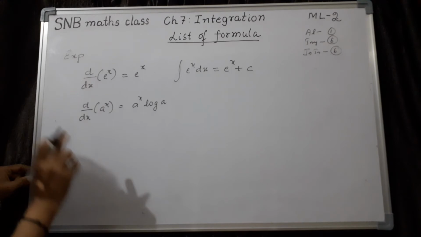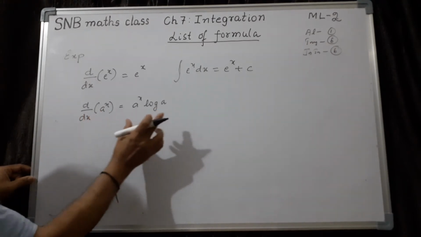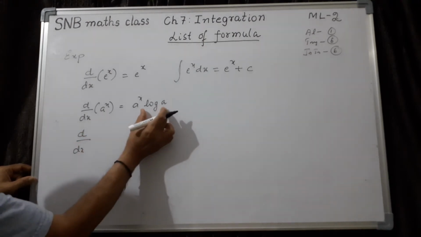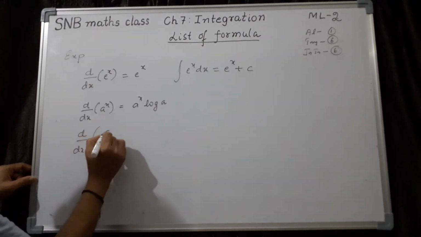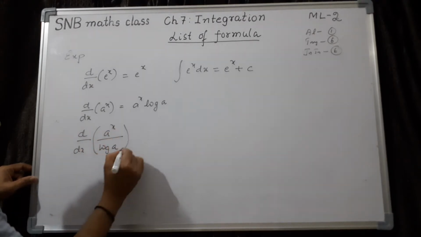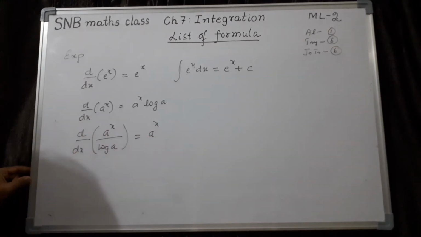But now what you have to do is, if you integrate this one, you get this. So in order to avoid that, what we do is, because log a is a constant, I can bring it here: d by dx of a power x by log a equals a power x, because I want to write the formula in a standard form.